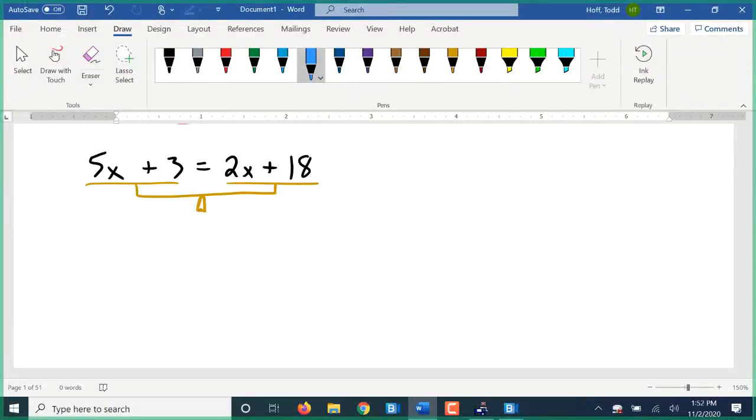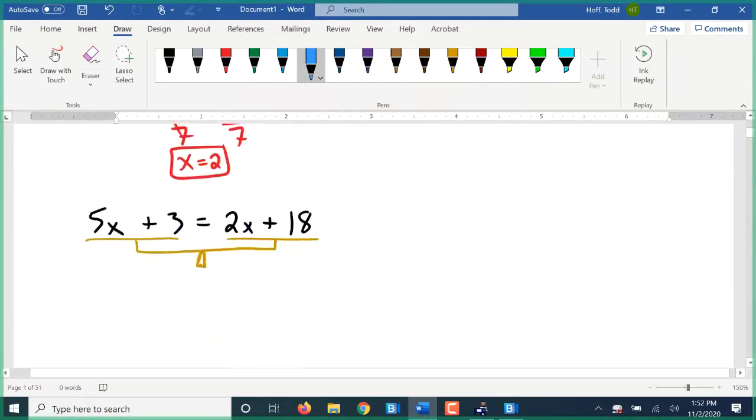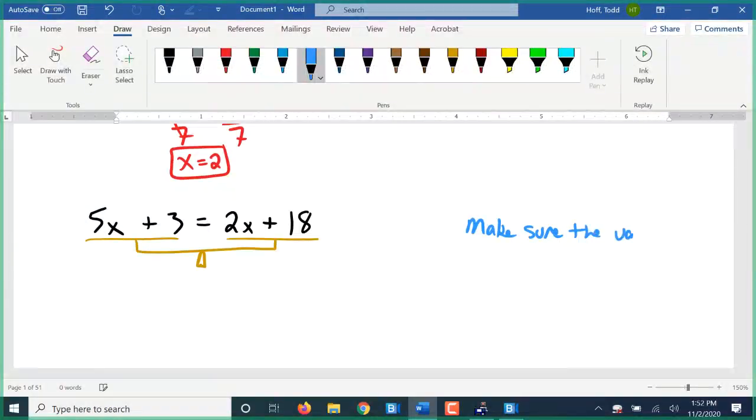Up here we had to combine on a side. Here we have to make sure the variable is on only one side.